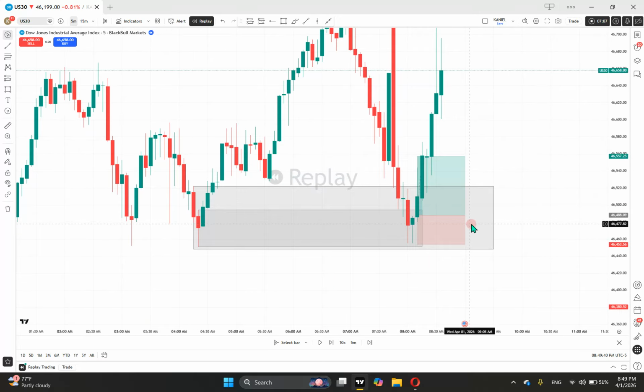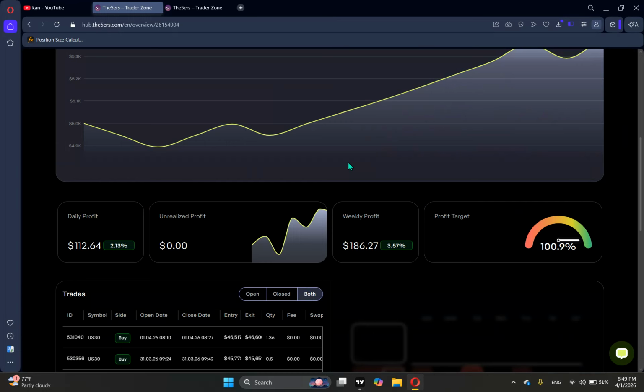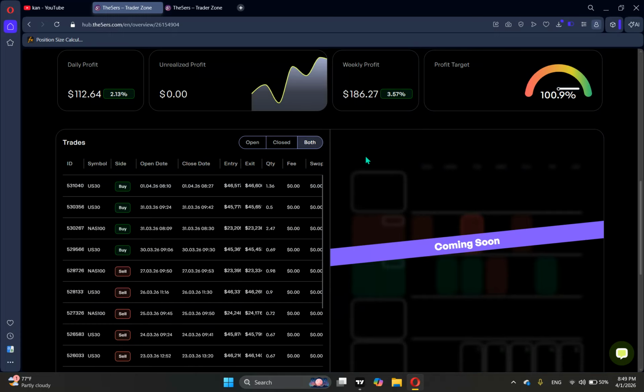Alright, let's give an update on the Fivers account. So as you can see, first evaluation pass. Now onto the second. 71% win rate on all of the trades right here.